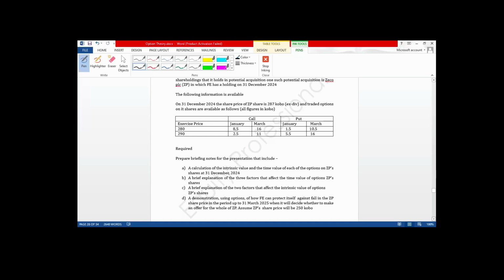What is intrinsic value? How do we calculate intrinsic value? Intrinsic value is the value of an option at maturity.